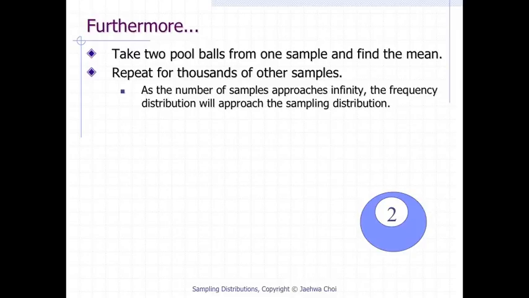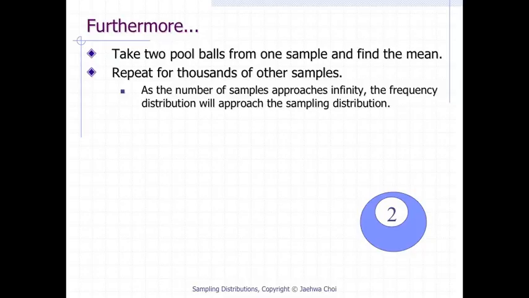There is an alternative way of conceptualizing a sampling distribution that will be useful for more complex distributions. This time, we're going to use multiple samples. Imagine that 2 balls are sampled with replacement, and the mean of the 2 balls is computed. This process is repeated for thousands of other samples.